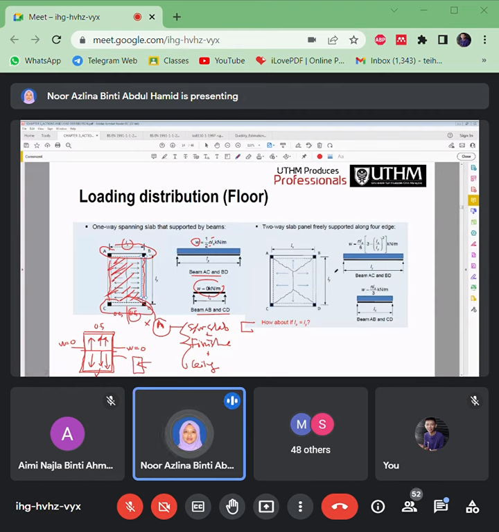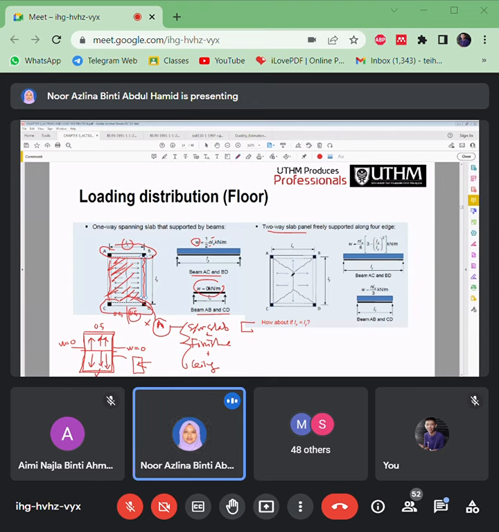So this is for the two-way slab. It's more complicated compared to the one-way slab. One way just directly divide by 2. For two-way, there is a portion for triangles and also a portion for trapeziums.